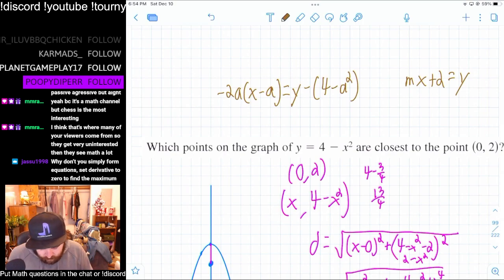And I know that slope needs to be perpendicular to the point where they cross. Well, I already established that a. So the slope is negative 2a. So I know this slope needs to be 1 over 2a.